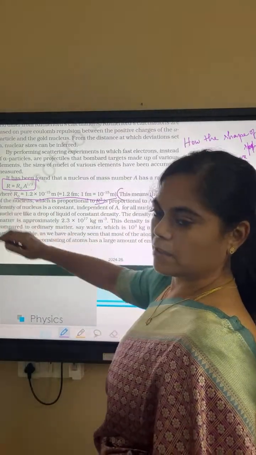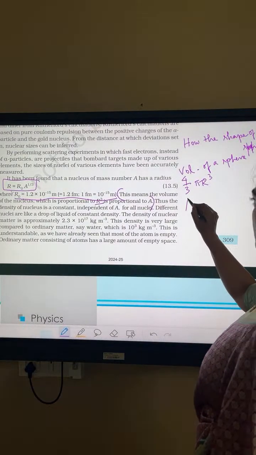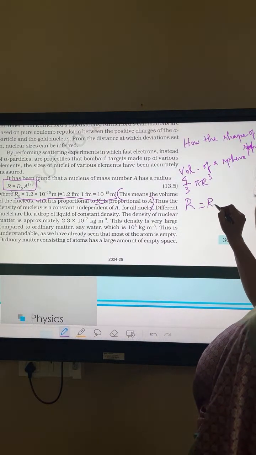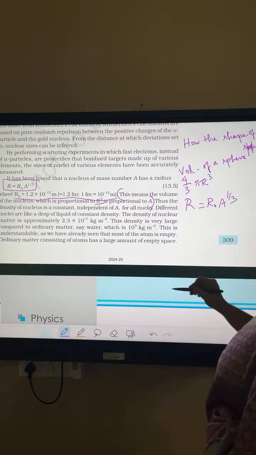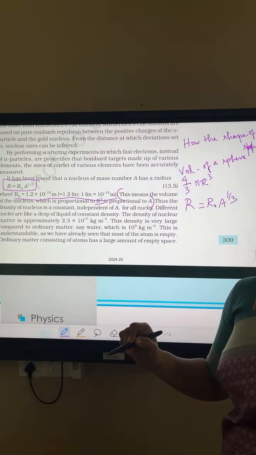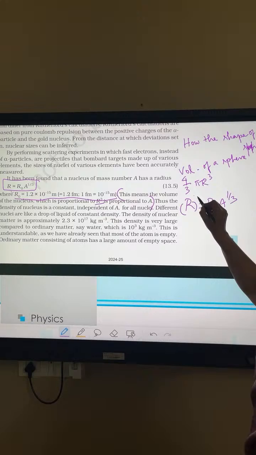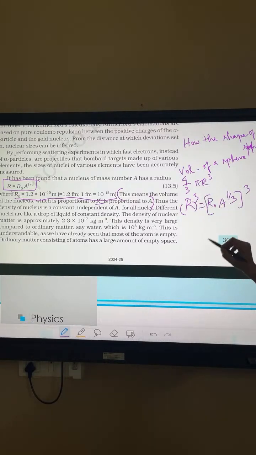Radius of the nucleus. So that r is nothing but R naught A to the power 1 by 3. If you take r cube, then what will it be? The cube gets cancelled. So r cube is proportional to A, right or not?